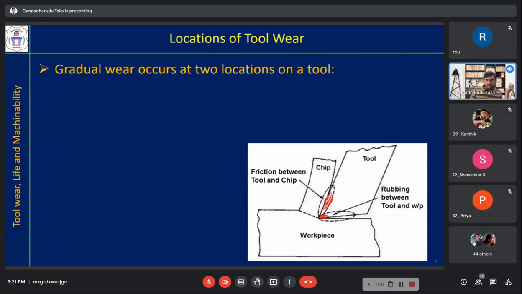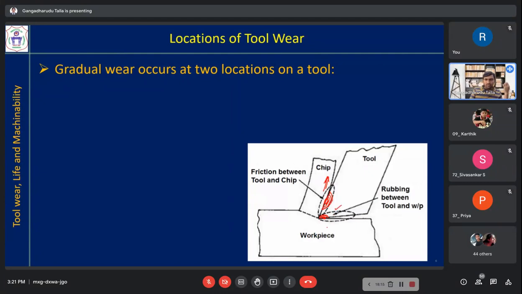Here the main reason in the first case, that is chip and tool, is friction between tool and chip. There is high friction, due to that temperature is also increasing. Sometimes the chip is also sticking to the tool, and the chip is moving. In that process, a very minute portion of this tool material will also go with the chip. In that fashion, gradually some crater wear may take place.